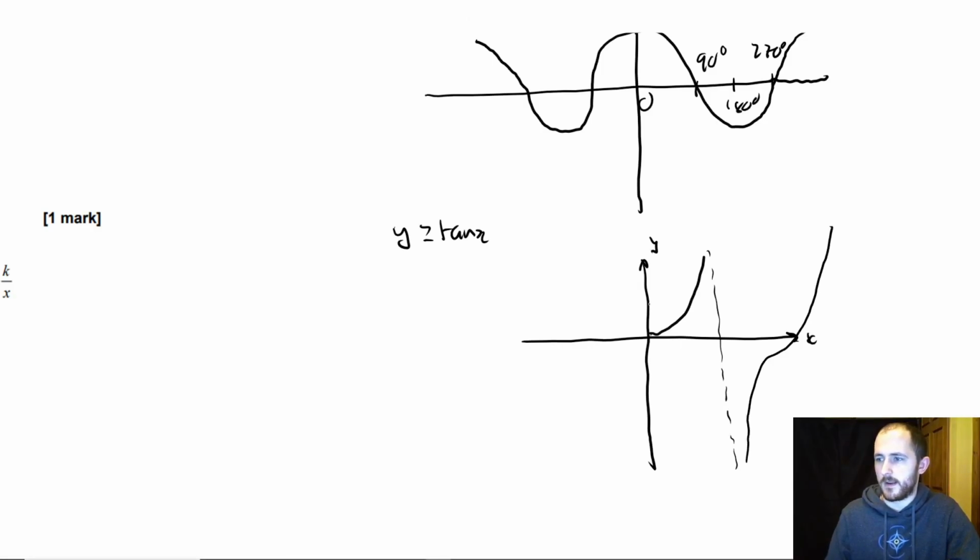And then it keeps going like that. Okay? And this is at 90 degrees. And then the next one would be at 270 degrees. So this here is 180 degrees, and so on.